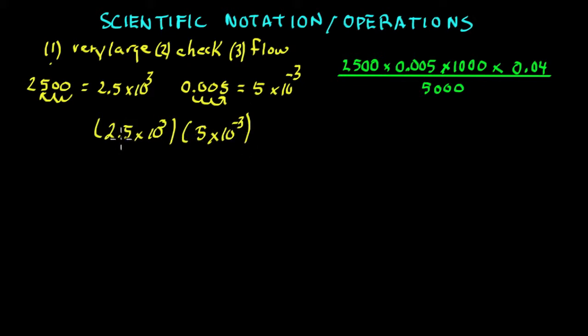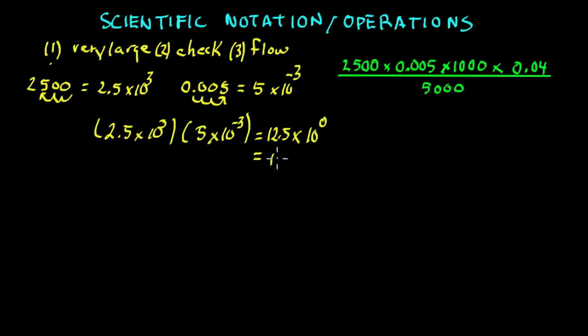With the coefficients, you multiply just as you normally do. 2.5 times 5 will give us 12.5. And when we multiply the exponents, we add them. In multiplication, you add them. So 10 to the 3 added to 10 to the minus 3 is 10 to the 0.